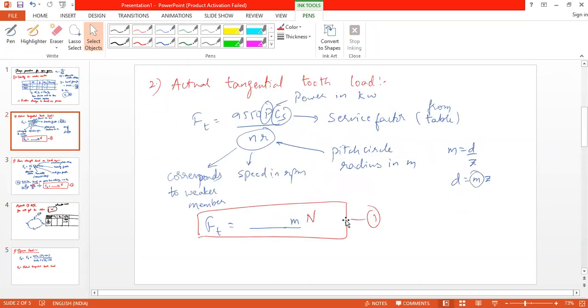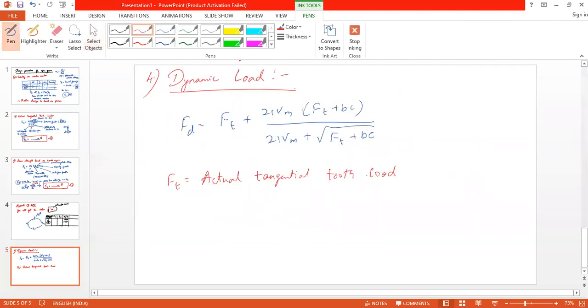Then you have to substitute that in equation 1, and you will get the actual tangential tooth load from equation 1. Once you know the value of Ft, you can substitute here. Then Vm is the pitch line velocity.